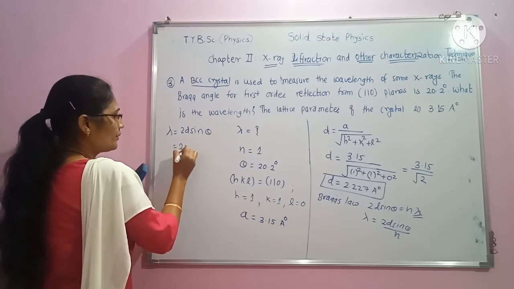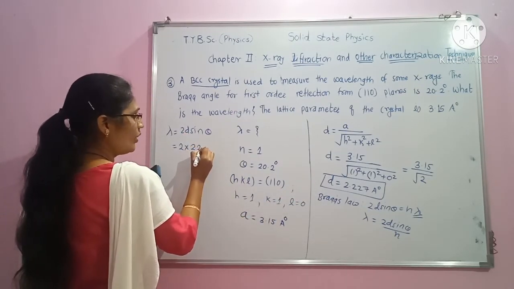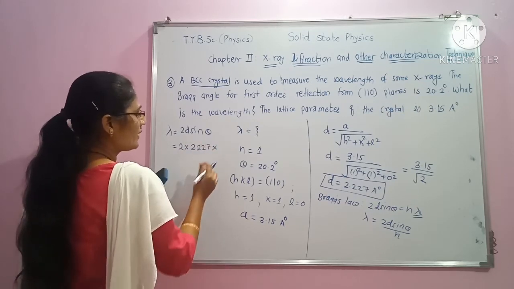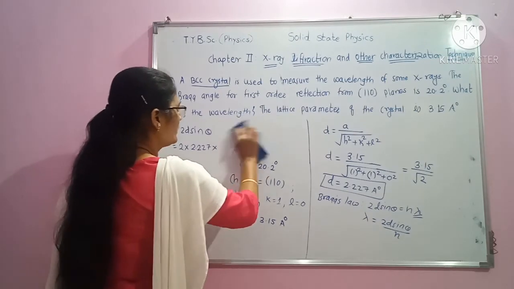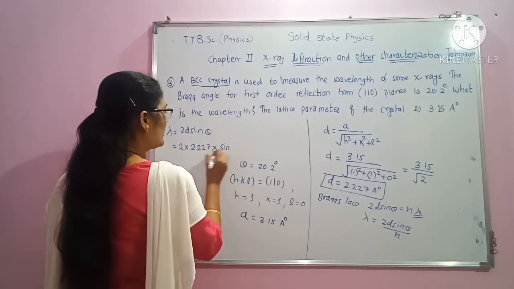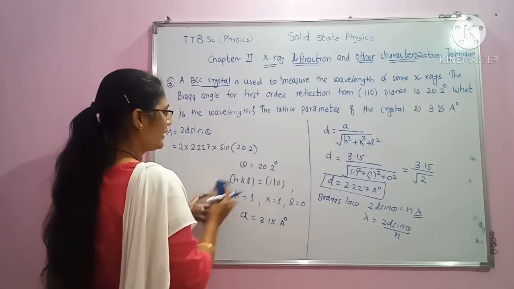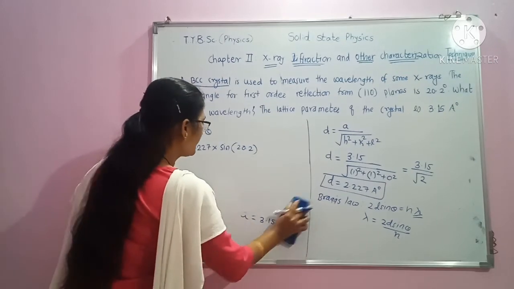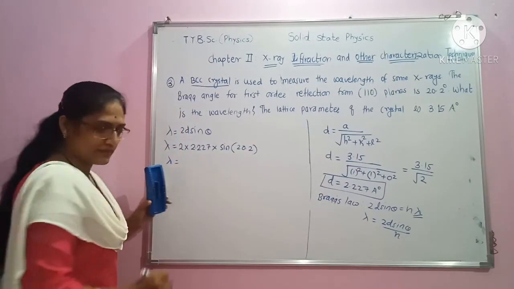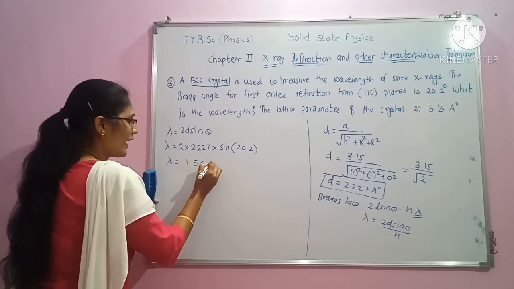So 2 into the value of d, which we just calculated as 2.227 angstrom, into sin theta, where theta is 20.2 degrees. By substituting these values, one can find the value of lambda, and this comes out as 1.54 angstrom.